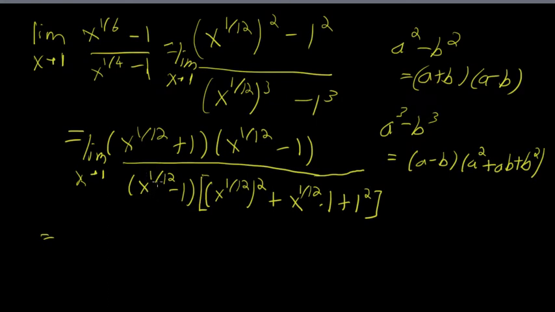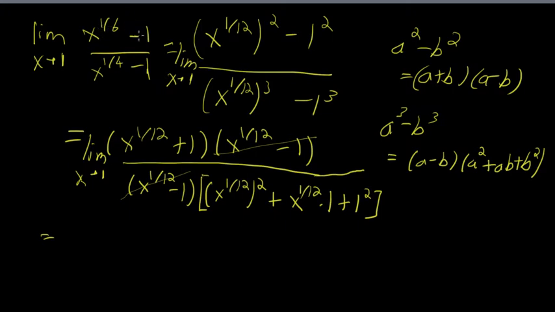And what you'll notice here is that this x to the 1/12 minus 1 term cancels with this x to the 1/12 minus 1 term. And it was this something minus 1 over something minus 1 that was giving us that indeterminate form. Because as x tends to 1, x raised to any power, whether fractional, negative, or anything, results in something that's 1, right?